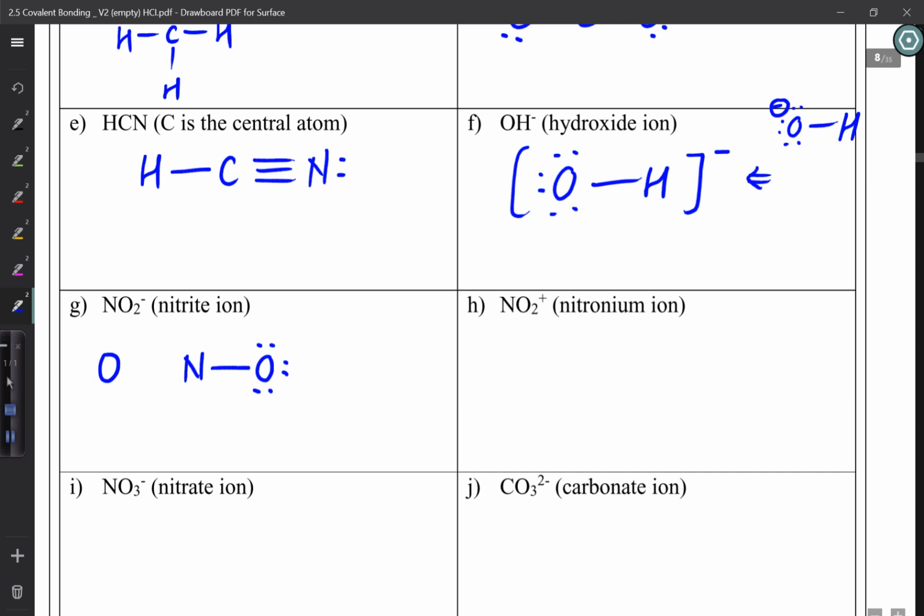We know that nitrogen is from group 5. After we used up 1 electron, it still has 4 electrons. So logically, 2 of it must be shared with this oxygen, and the other 2 become the lone pair. So this is the structure of nitrite ion. This nitrogen at the center has a lone pair, and also don't forget the lone pairs on the oxygen. So we have to draw everything.